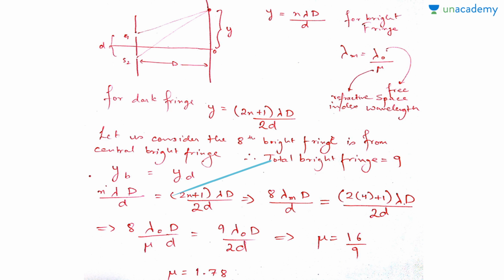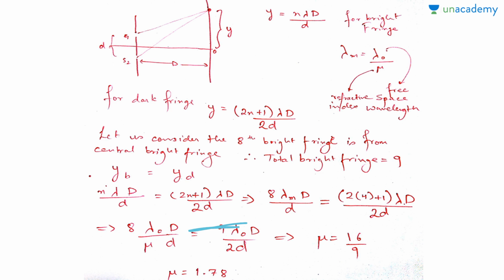So n lambda D upon d is equal to (2n plus 1) lambda D by 2d. Now we will put lambda as lambda medium, since it is in the medium, and n is equal to 8 because it is the 8th bright fringe. Now here it is the 5th dark fringe, so this is the formula for dark fringe.